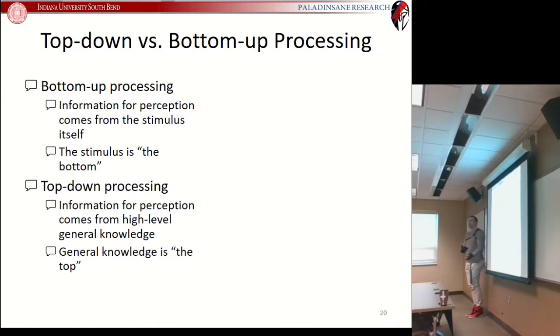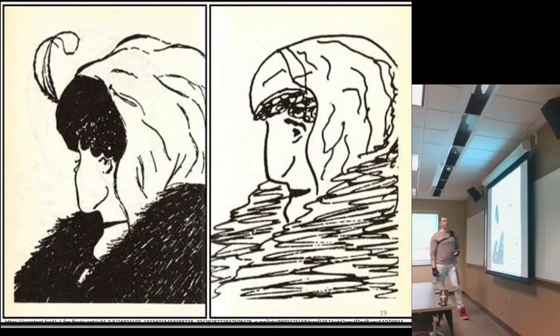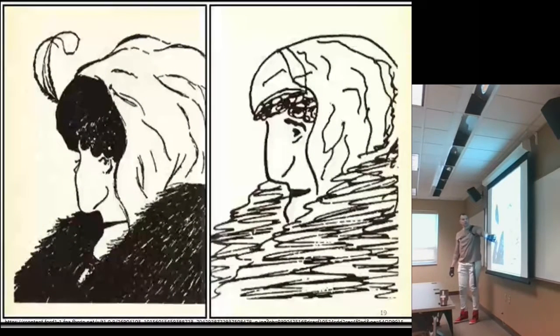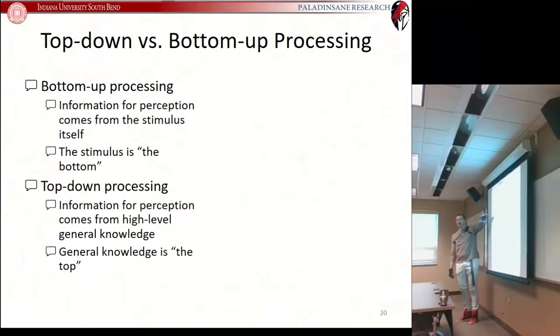So at least part of it is driven by that external stimulus. I cannot make this look like a male deer, like a buck in the forest, no matter what top-down processing I do. So part of it has to be bottom-up because it comes from the external world.